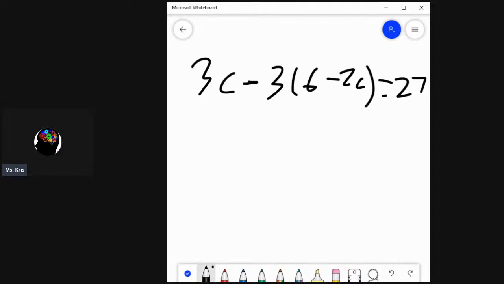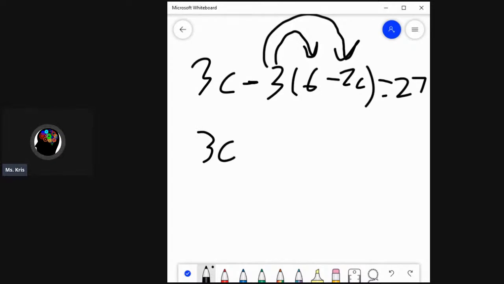Now, like before, we are going to distribute the 3 to the 6 and the 3 to the 2c. Keep in mind, this is a minus 3, so signs are going to change based on this minus 3. First thing I will need to do is bring down my 3c.